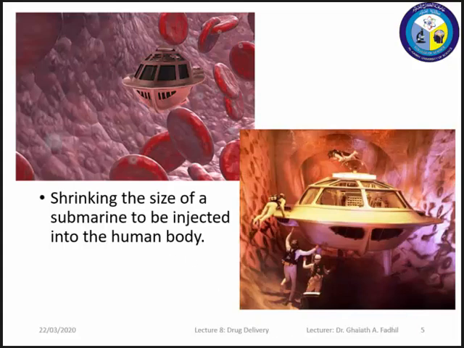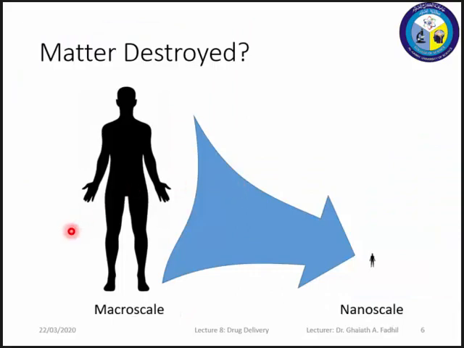The issue with the physics of The Fantastic Voyage is that the basic idea of the movie is shrinking a human of our size to the nanoscale through a process which is not accurate or not possible, because there is no possible way to shrink matter from this scale by this amount.